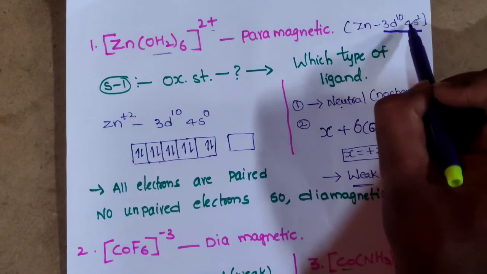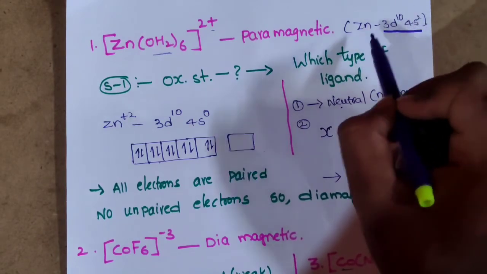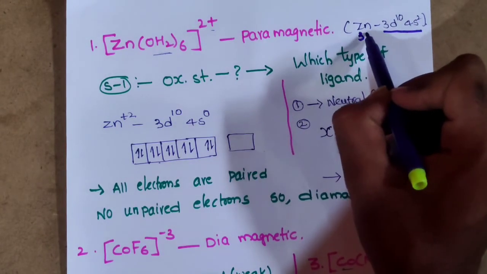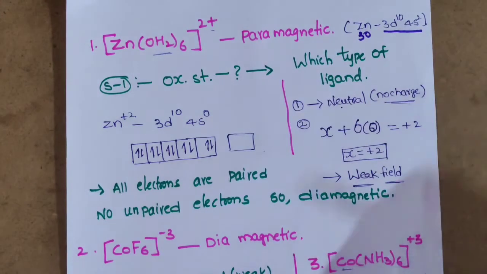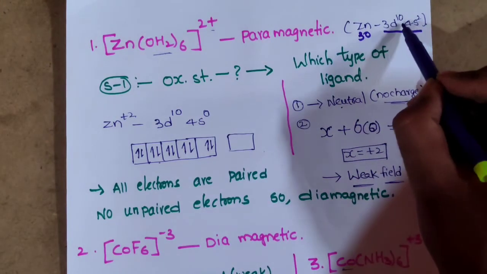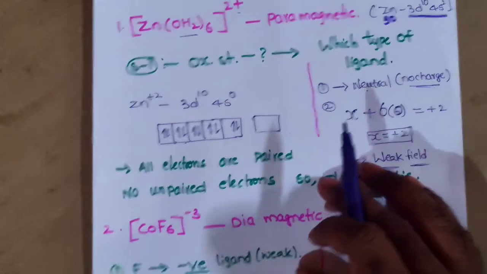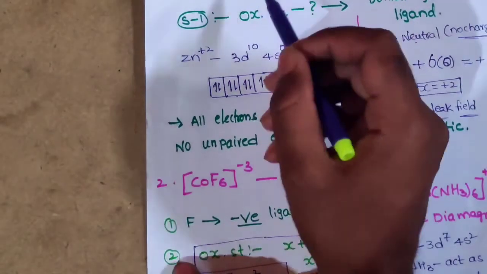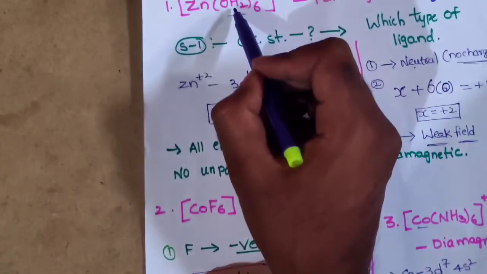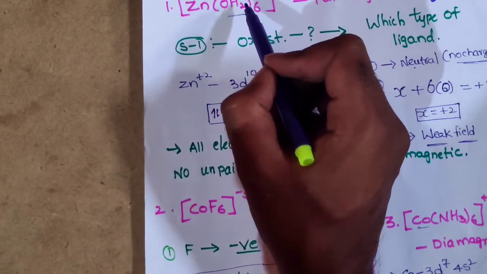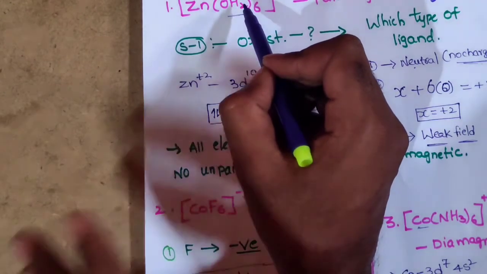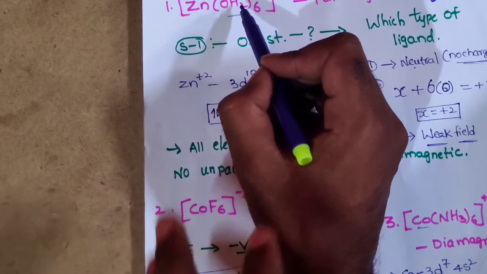The valence electronic configuration of zinc, that is the 30th element of the periodic table, is 3d10 4s2. And here I said that aqua molecule is a neutral molecule with no charge present on it. So now we have to find the oxidation state.